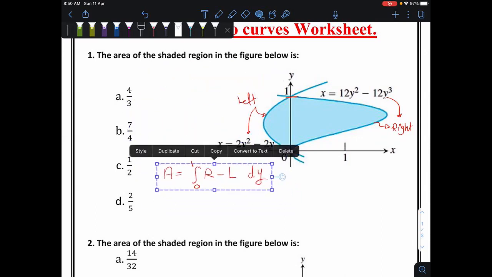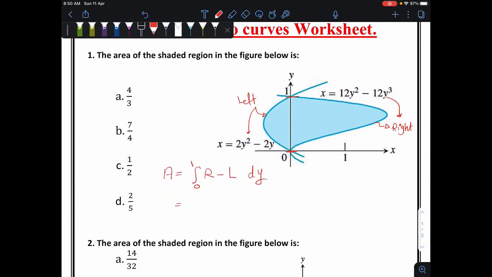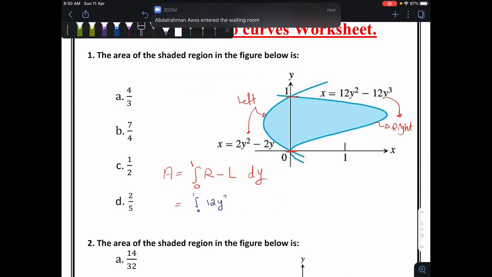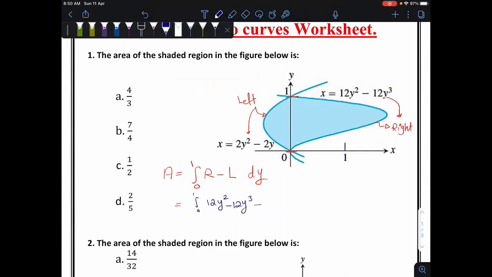Here the right function, we will substitute easily, guys, from 0 to 1: the right function, which is 12y squared minus 12y cubed, minus the left function, which is 2y squared plus 2y, since negative is positive, dy.